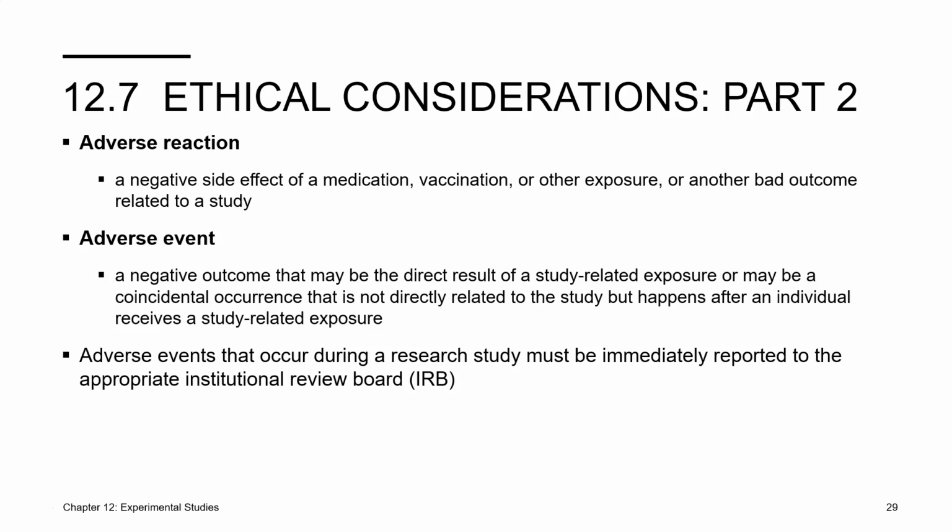An adverse event is a negative outcome that may be a direct result of the exposure. And so these are all things that need to be considered and must be immediately reported to the appropriate IRB. So your ethical approval must include steps for notifying your IRB office at the institution and things that can be adjusted when you're finished.